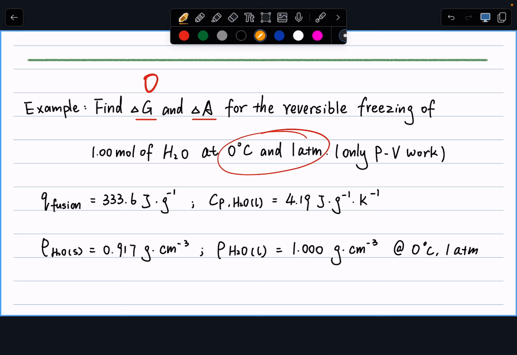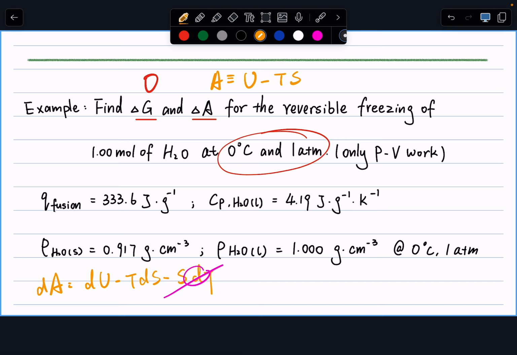Now for my delta A, we see that the definition is A equals U minus TS. Or the other way to put it is dA equals dU minus TdS minus SdT. Now, my temperature is not changing, so this term is 0 for a constant temperature process.